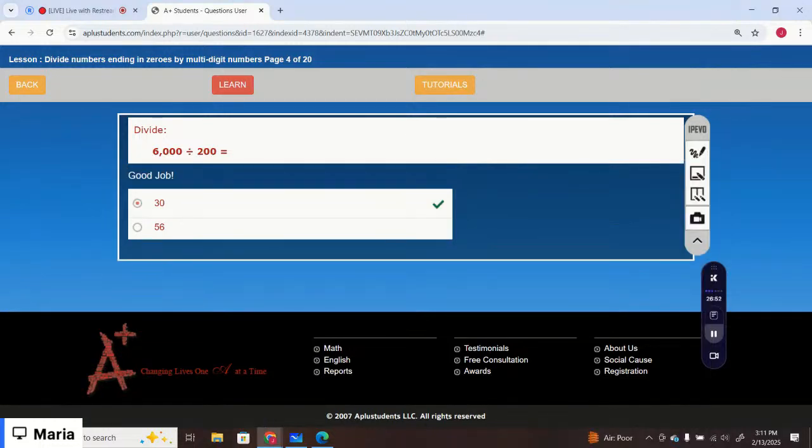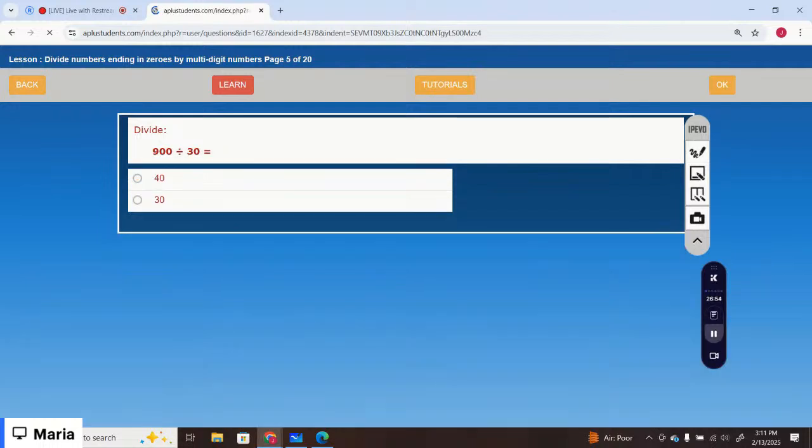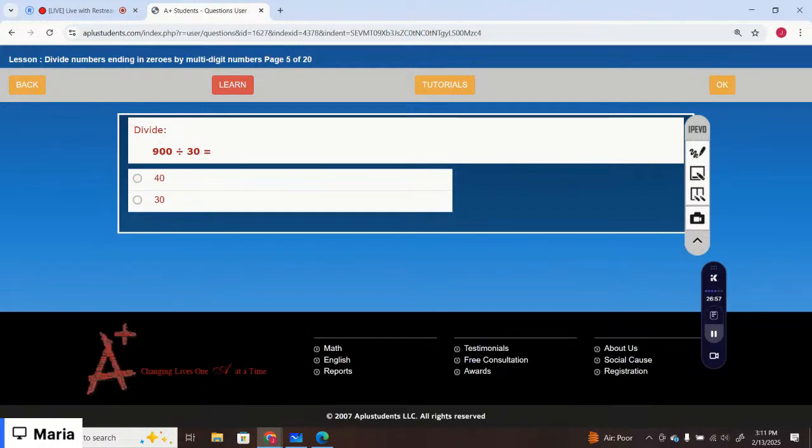Option 1 is the correct option. 900 divided by 30, which is the correct option.